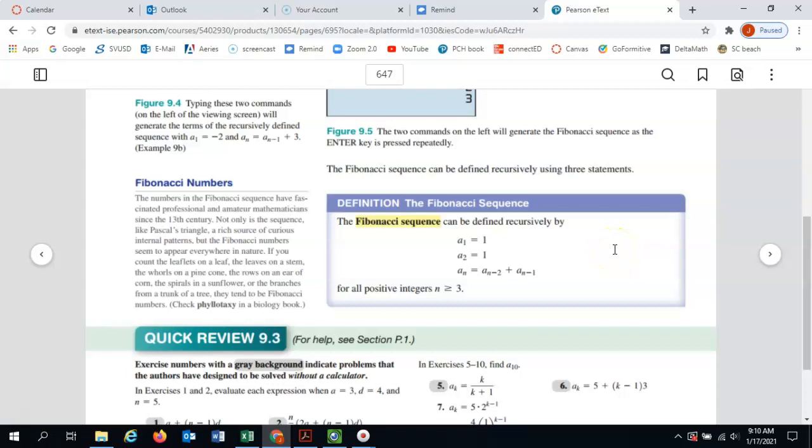Let me quickly tell you the basics behind the Fibonacci sequence, which is that the general rule is that any term is always defined by the sum of the previous two terms. So if I took two very basic numbers and said my first term is 1 and my second term is 1, well, that would make the third term 2, right? Because it would be the sum of the two previous terms.